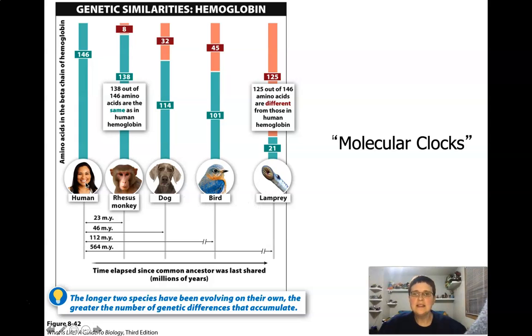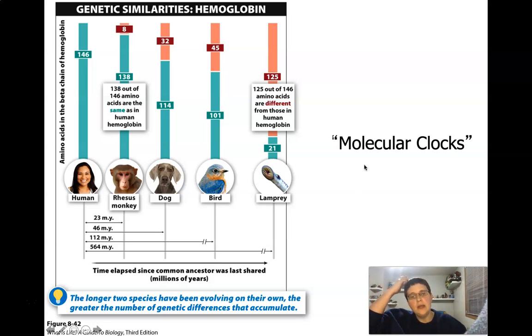And so what this tells us, we can set up these comparisons and start to put organisms in their family trees, basically. This tells us that out of these organisms, we're the least related to lampreys, the most related to rhesus monkeys.